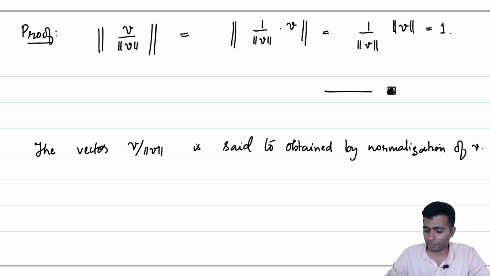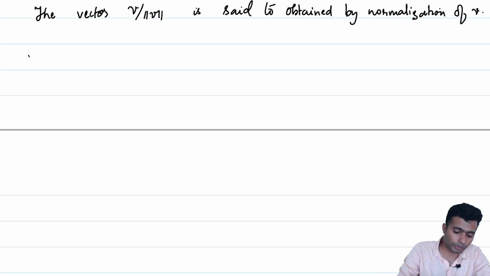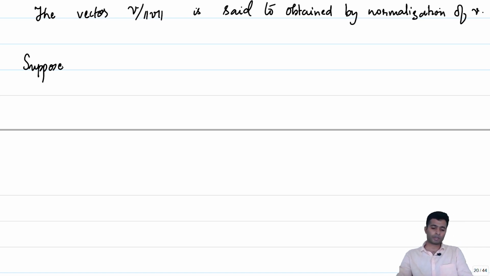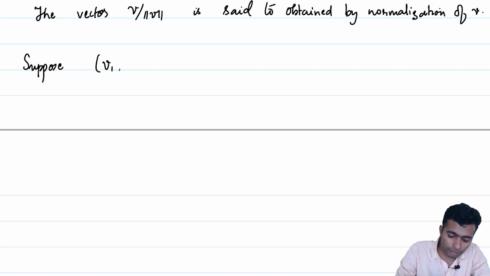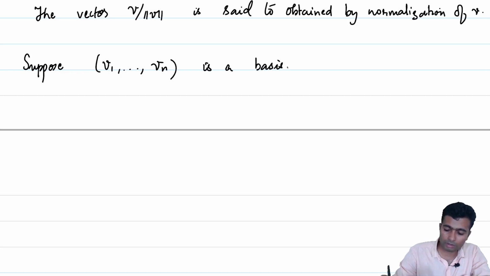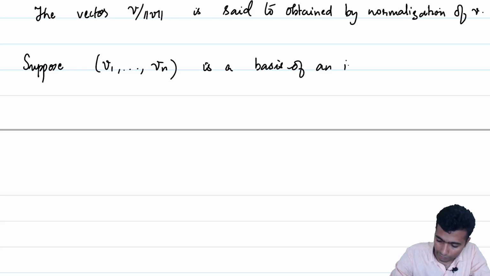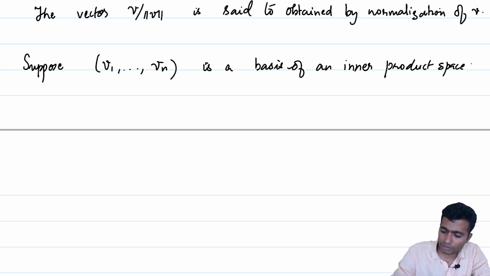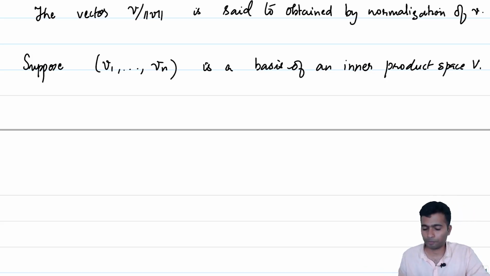Alright, so now let's start with a basis. Let's look at a basis of our given inner product space V, and let's normalize each of the vectors in our basis, and let's see what happens. So suppose v1 to vn is a basis of an inner product space V. In particular, none of these vectors v1, v2 up to vn can be 0, because it's a linearly independent set, right?